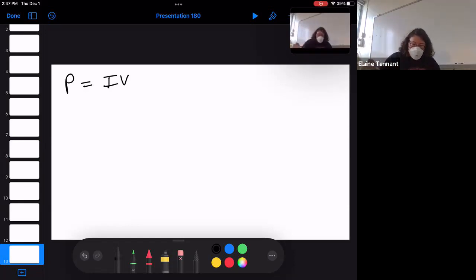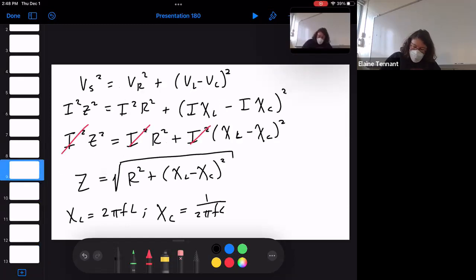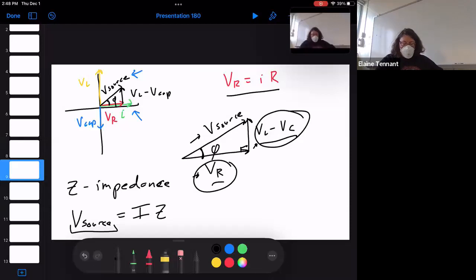Okay, let's run my voltage at V max sine omega t, because that's a good place to start. And then let's look at my current. Looking at this, my current is whatever my source voltage is minus the phase angle.